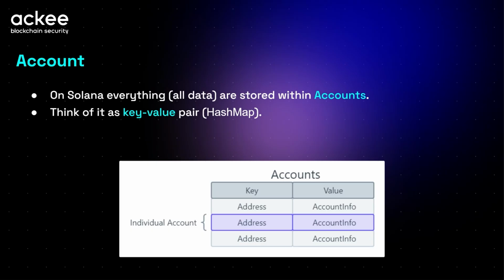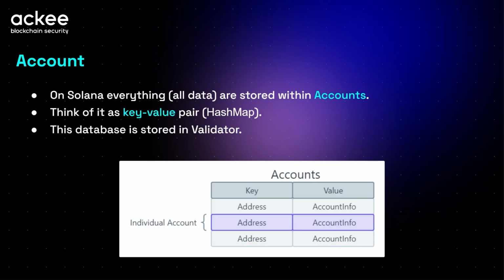As a hash map contains a unique key, and for the unique key it also contains the desired value, the same goes for Solana. Each account has its individual key. This key is your public key, and each public key has its own account. That means you can see this as a key-value pair or hash map. And this database is stored in the validator.